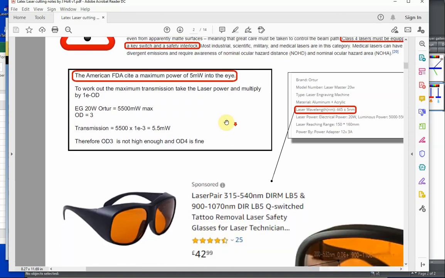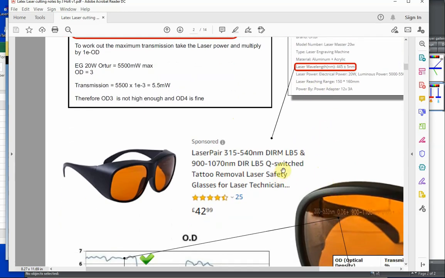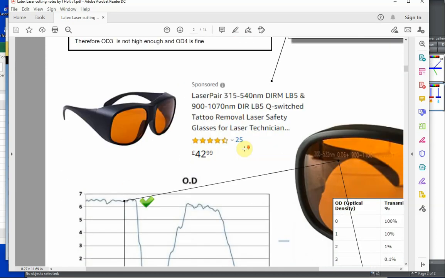So how does that work? Well, laser glasses, for example, they quote what's called an OD number, optical density, I think it stands for. Anyway, it doesn't really matter, but they quote an OD number. And the number goes from 1, 2, 3, 4, 5, 6, etc. So what does all that mean?